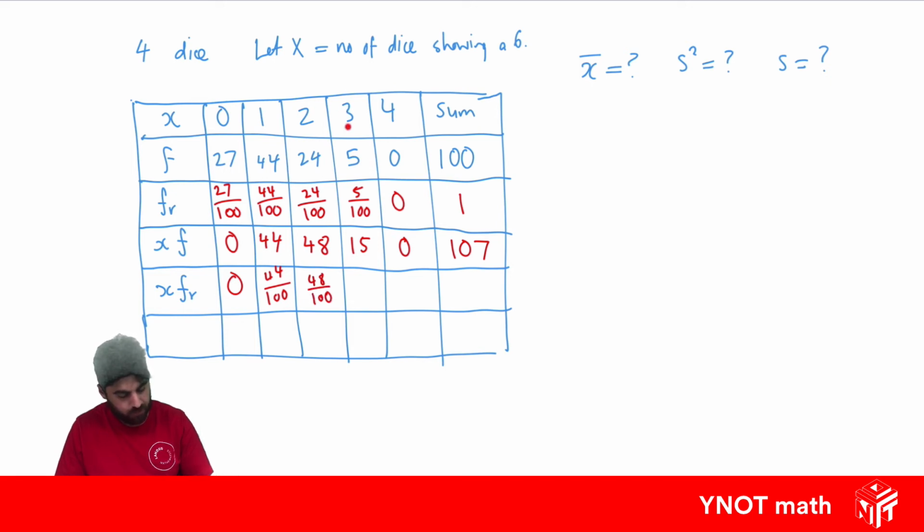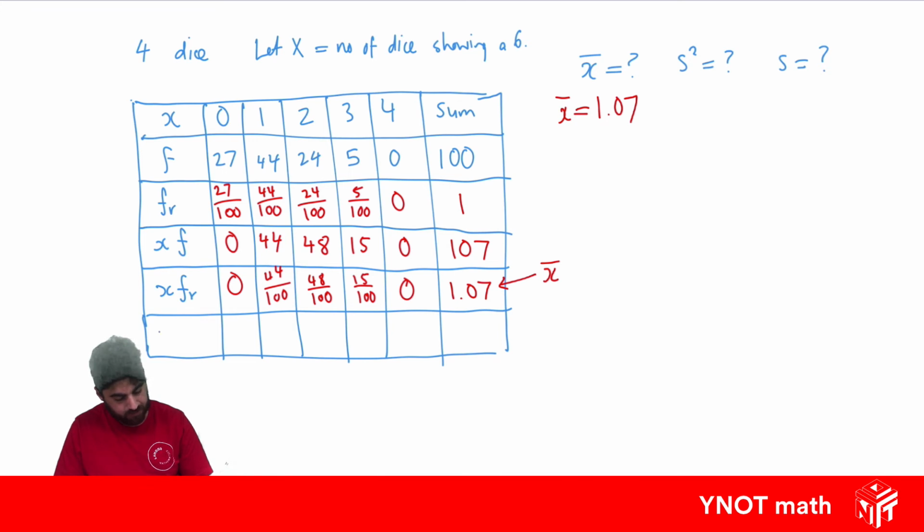Then 3 times 5 on 100, which will be 15 on 100. Then 4 times 0, which will be 0. And when we sum all these up across here, we get 1.07. And this value of 1.07 is our mean. So we've got our mean as 1.07.